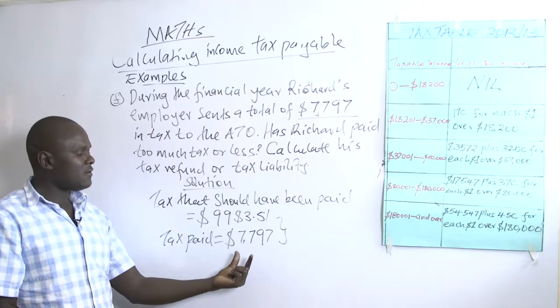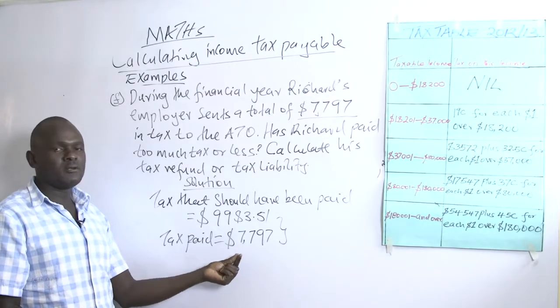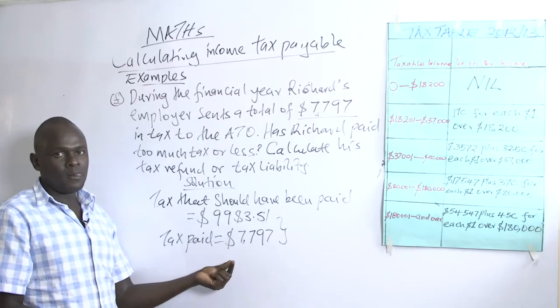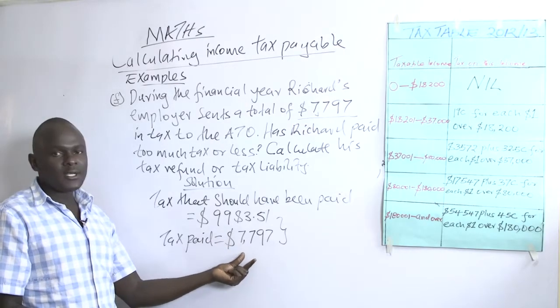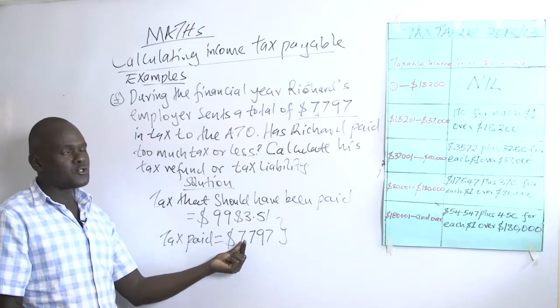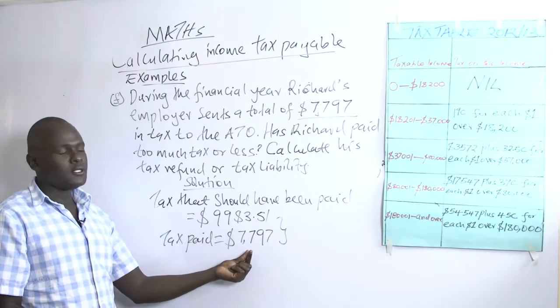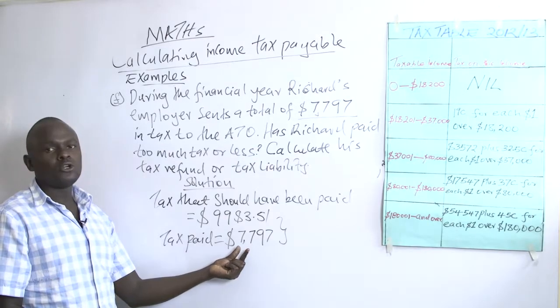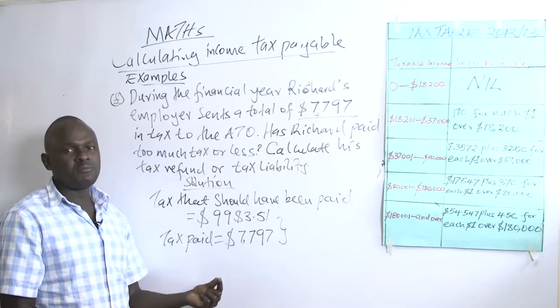So if we discover that what was paid by the employer is less, then Richard will receive a letter from the Australian Tax Office demanding more taxes to be paid.